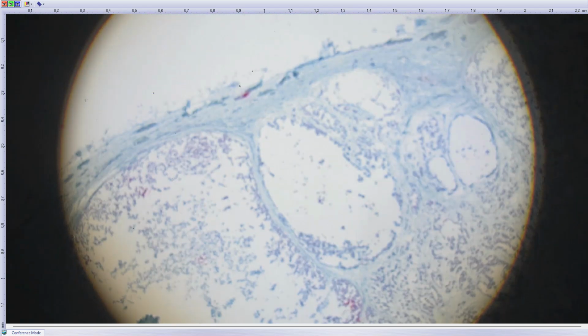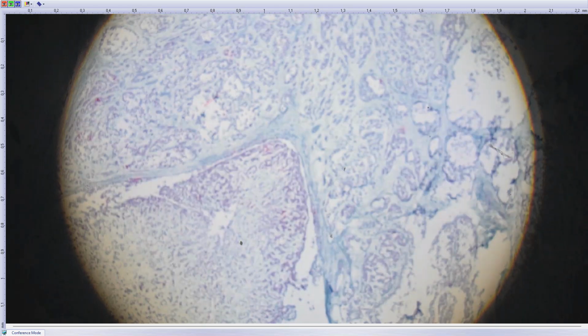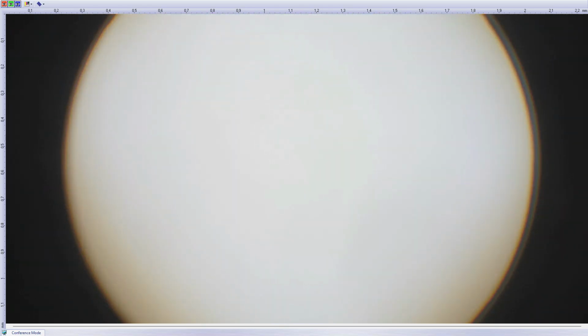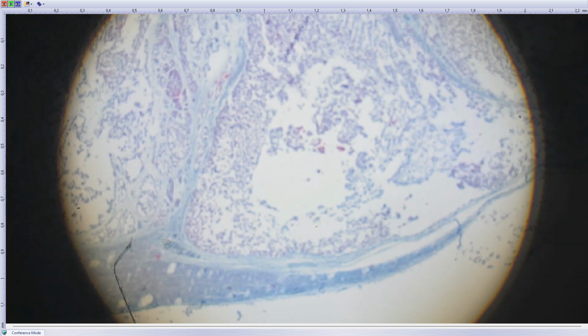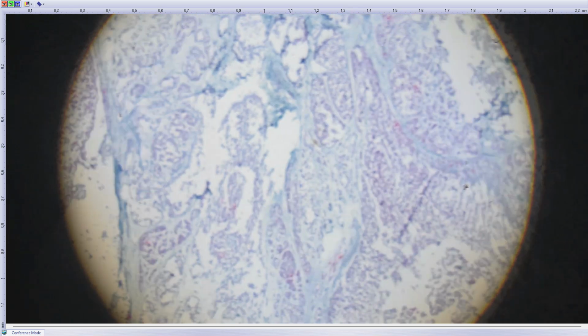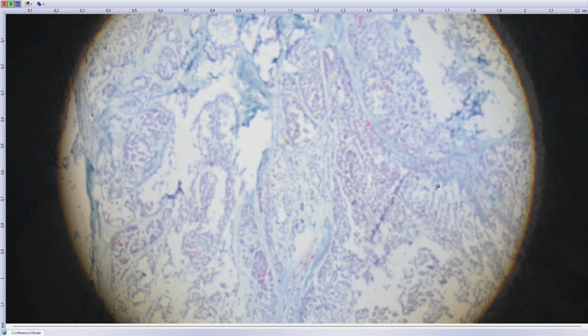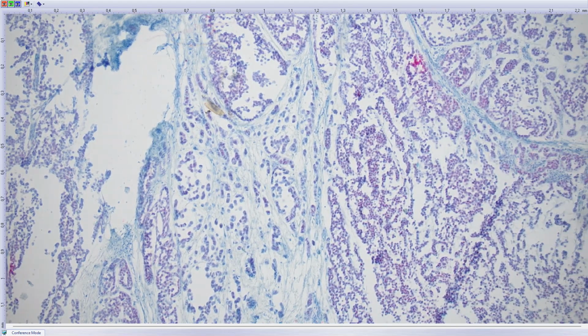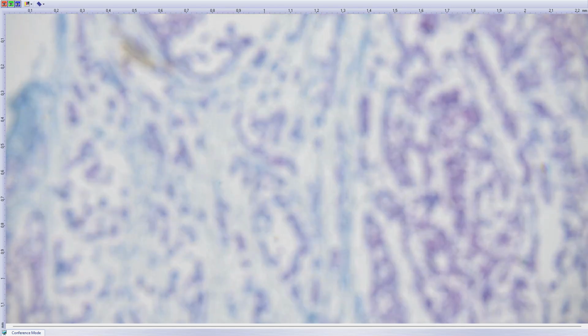There is some pre-analytic damage to the tissue, but looking at some places, I made the circle there. You can see that there is positive staining for PLAG1, at least in the majority of the cells. Yeah, high magnification as well.